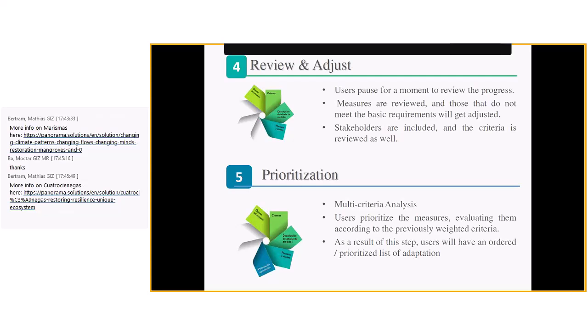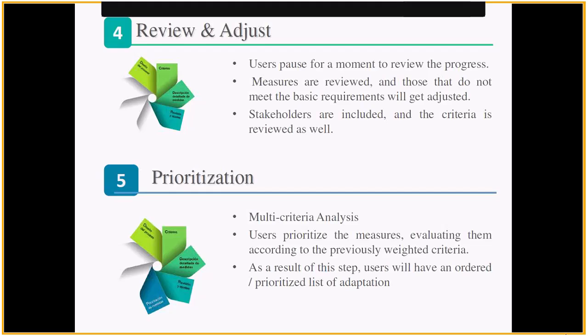After we've done that, we can then go to the heart of the tool. That's step 5. It's a prioritization using a multi-criteria analysis. And this multi-criteria analysis is a very qualitative procedure.